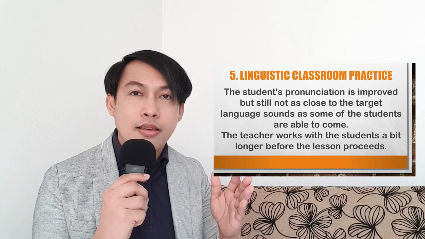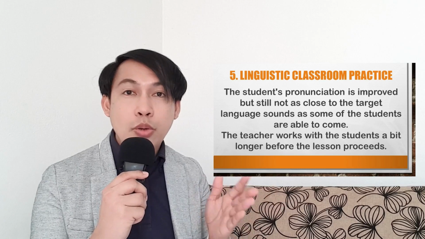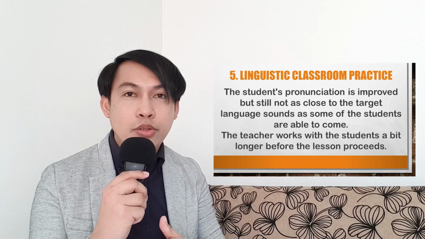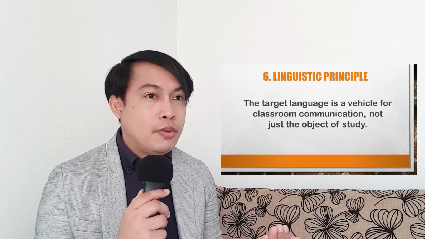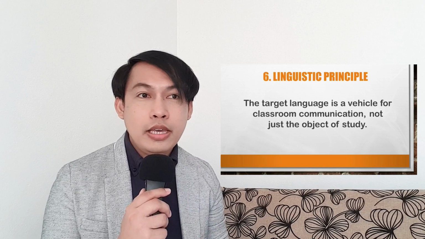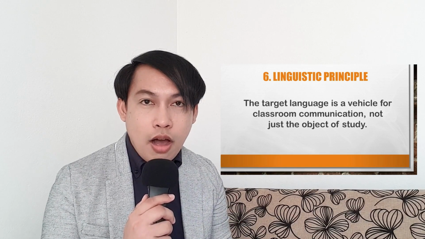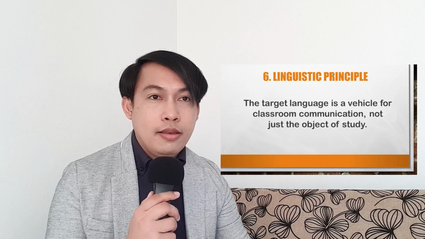This is the reason why we need to review our previous lessons and the vocabularies that we introduced from the previous topics. What about the expressions that we use in the classroom as teachers and even our personal choice of words? Now, here in the linguistic principle, the target language is a vehicle for classroom communication, not just the object of study.